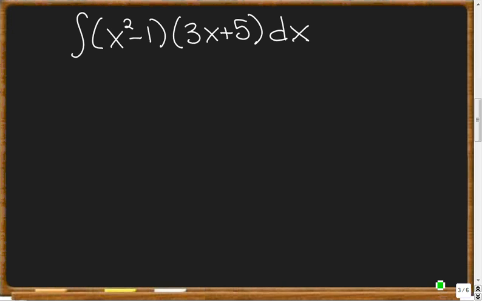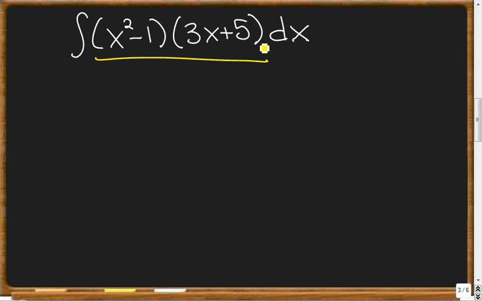So what happens if we run into something a little more complicated? Like this, where we have the quantity x squared minus 1 times 3x plus 5 dx, and we're trying to integrate this. Well, you might be thinking product rule, but remember, we're integrating. It's a little more complicated, so things have to set themselves up very well to use certain rules.